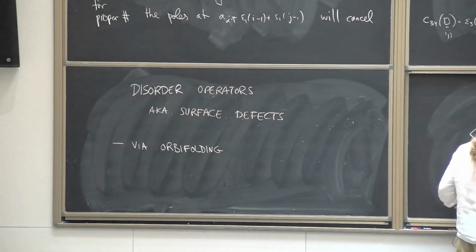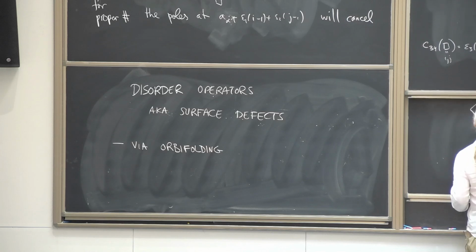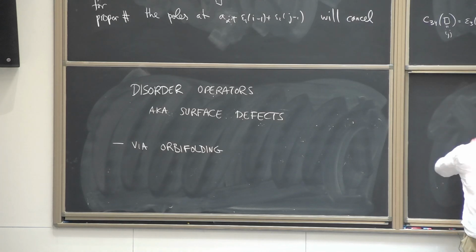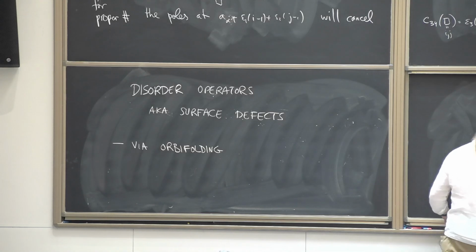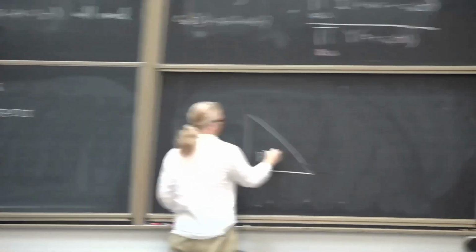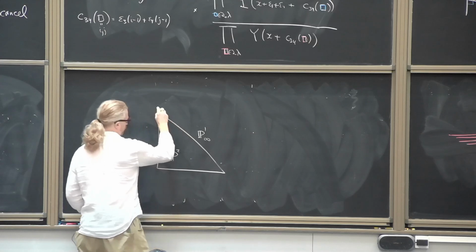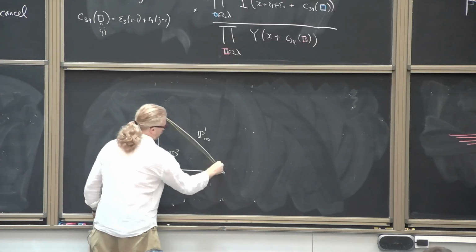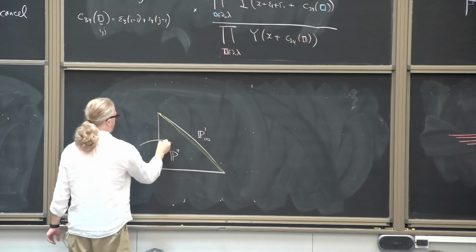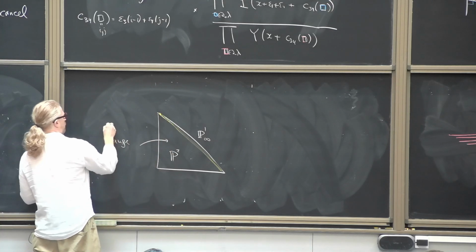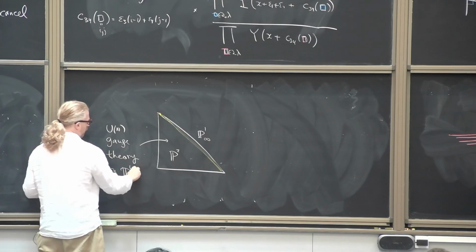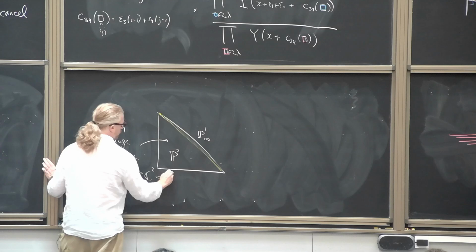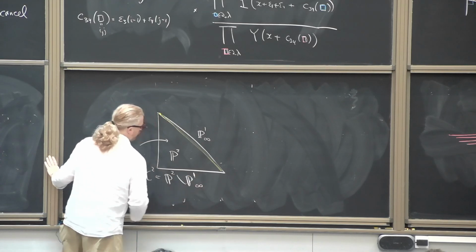But let me explain first of all what it is that I'm trying to do, maybe geometrically. Geometrically, we were studying sheaves on P2 which were trivial on the line at infinity, and so that was related to doing gauge theory, maybe U(N) gauge theory on R4, which is C2, which is P2 minus this line.